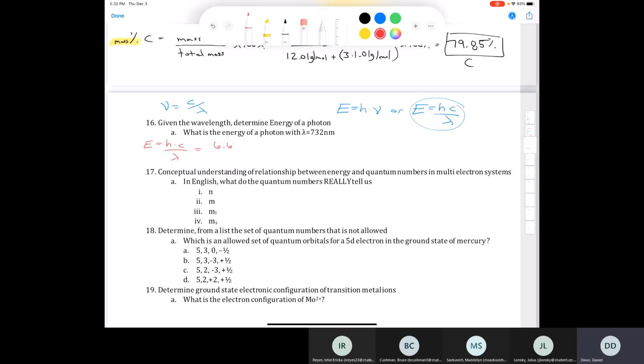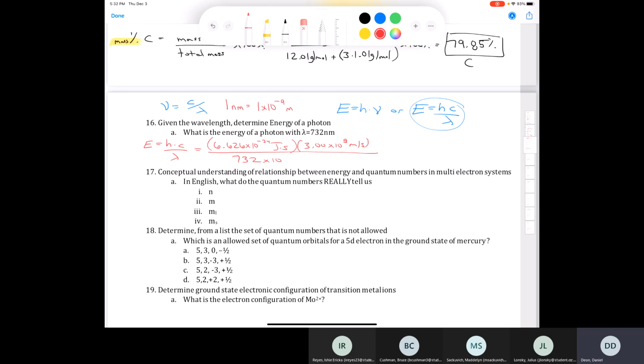Planck's constant is 6.626 times 10 to the negative 34 joule seconds. For the speed of light, we have 3 sig figs, so let's just use 3.00 times 10 to the 8th meters per second. We have to convert our wavelength from nanometers into meters. But remember that 1 nanometer is equal to 1 times 10 to the negative 9 meters. So we can just slap that on there.